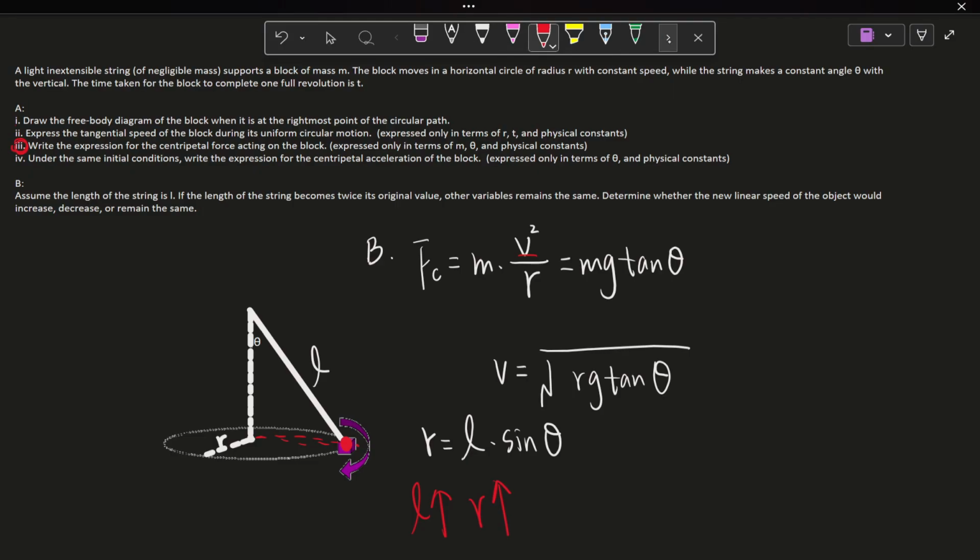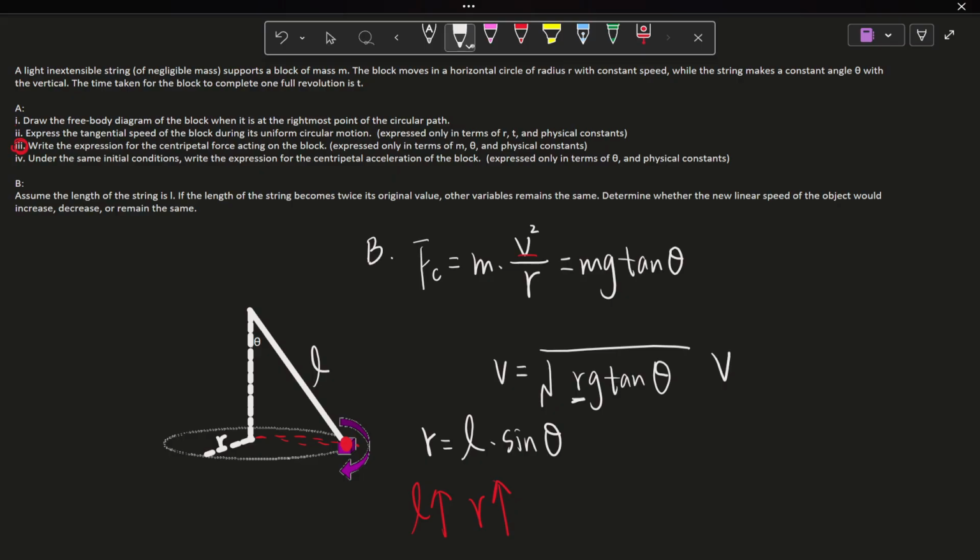So now in the question, it told you that the string length is twice its original value. What it's actually telling you is that the radius is twice its value, because when L becomes 2L, r, if we want the equation to be equal, will actually be 2r. So let's write down our new expression.